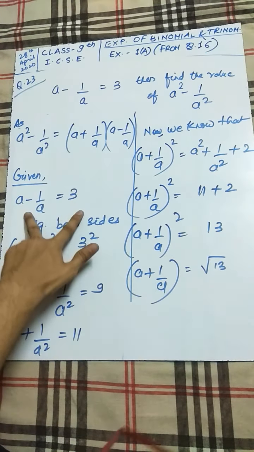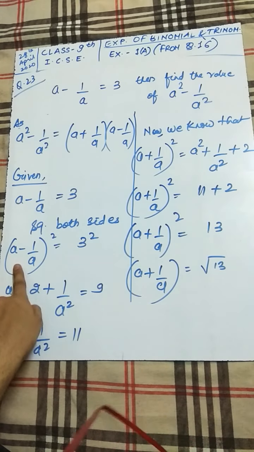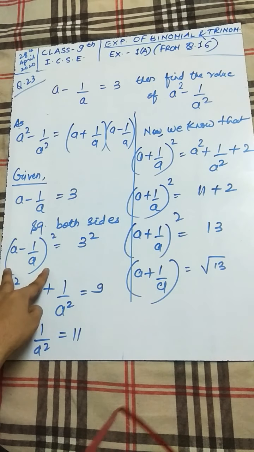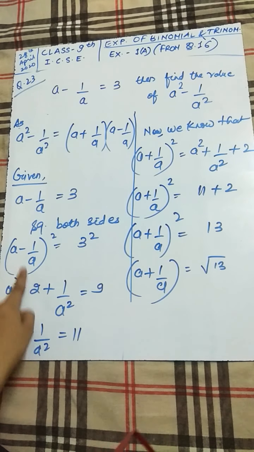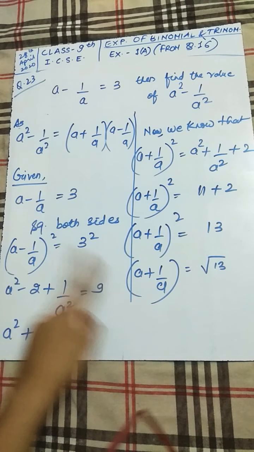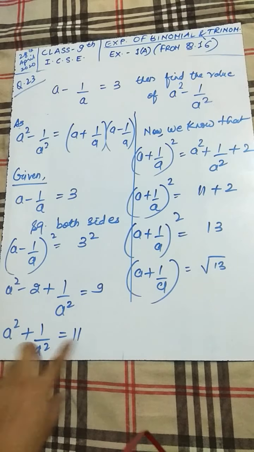Let us find this one with the given part. Given this, we square both sides. Now, on doing the square, what does it say? a square minus 2ab, that 2ab will be cancelled, minus 2 will only be left, plus b square is equal to 3 square, 9. Take this minus 2 to that side and we find the value of a square plus 1 upon a square is equal to 11.